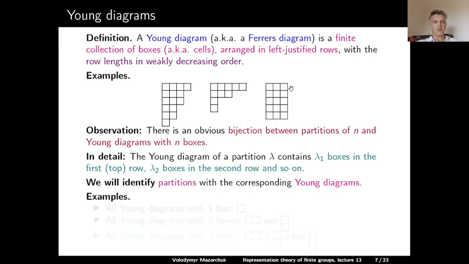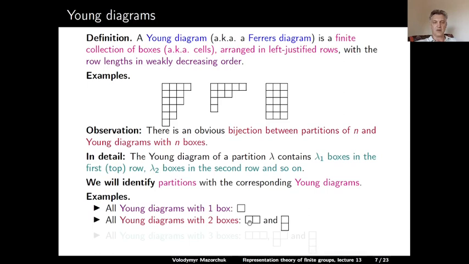So for example, we have seen that there is only one partition of 1, which is 1. So there is only one diagram with one box, just a box. There are 2 partitions of 2, so we have 2 corresponding Young diagrams.